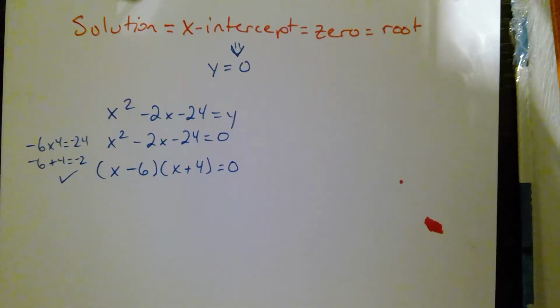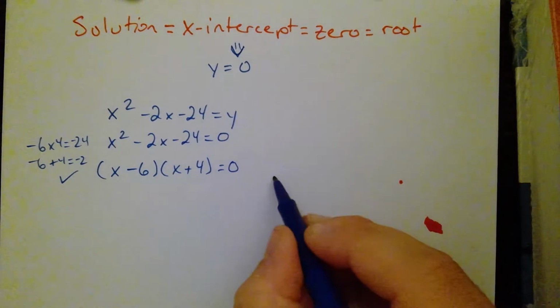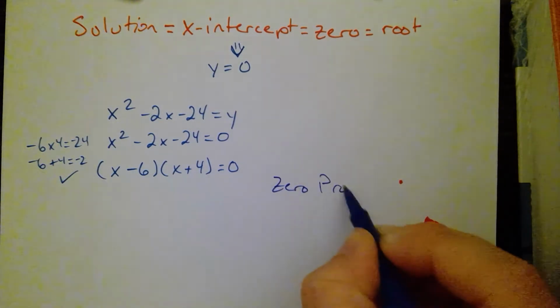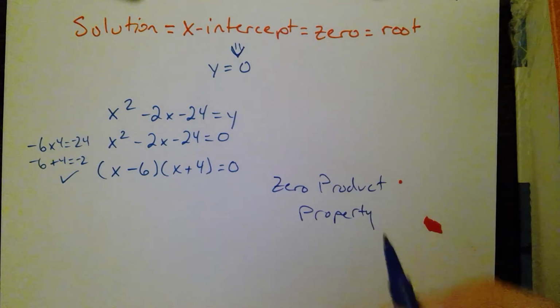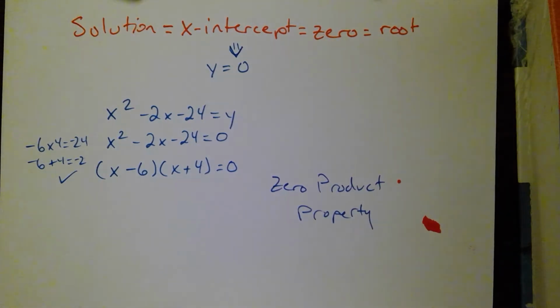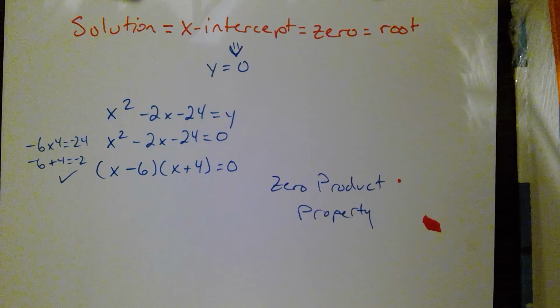Now, we have something called the zero product property. Okay, now I have a question on Edpuzzle for you to answer before we continue. So, hopefully you answered with 0.